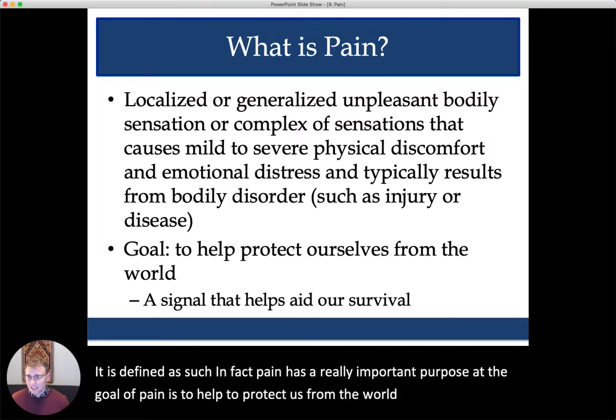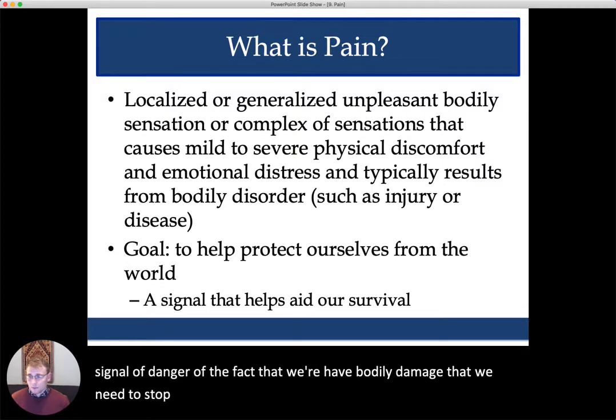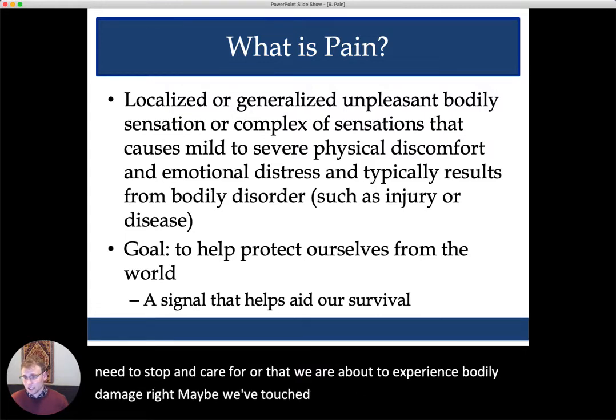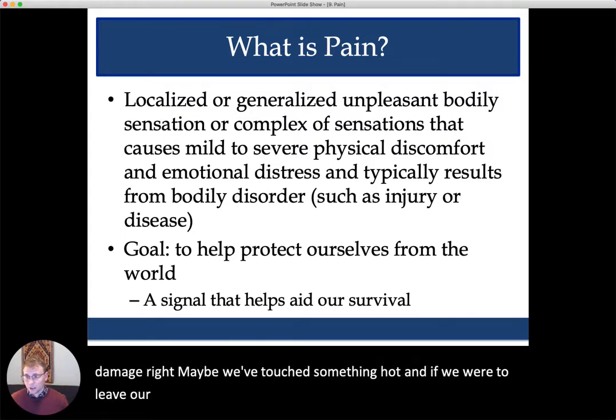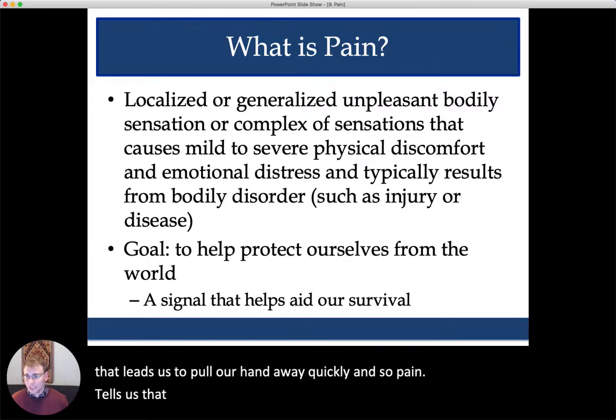Pain acts as a signal of danger, of the fact that we have bodily damage that we need to stop and care for, or that we are about to experience bodily damage. Right? Maybe we've touched something hot, and if we were to leave our hand there, it would burn, and so it is a signal that leads us to pull our hand away quickly. Right? And so pain tells us that there's something wrong that needs to be dealt with.